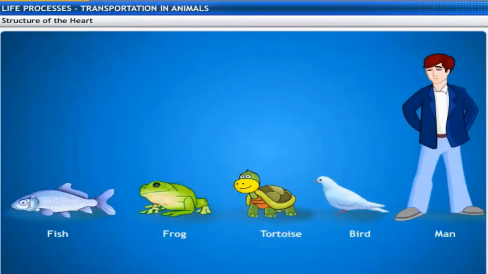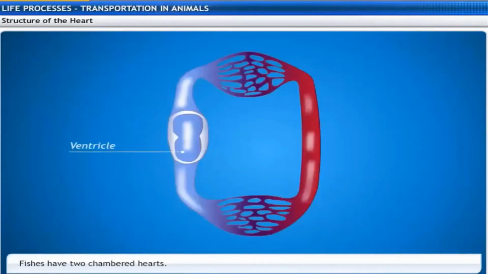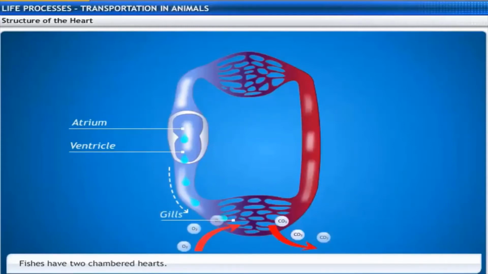The structure of the heart is not the same in all animals. Fishes have two-chambered hearts that have one ventricle and one atrium. The deoxygenated blood from the ventricle is pumped into the gills, where the exchange of oxygen and carbon dioxide takes place.